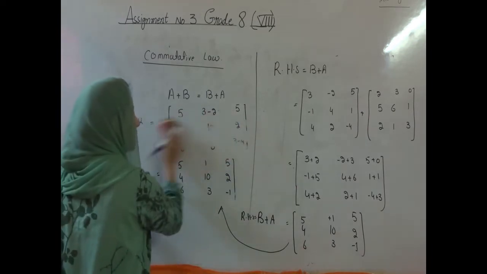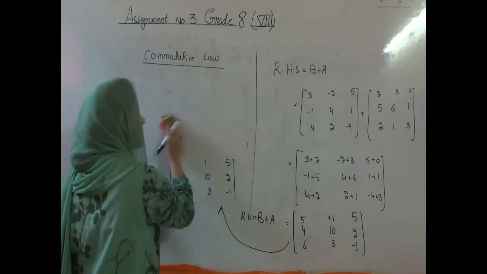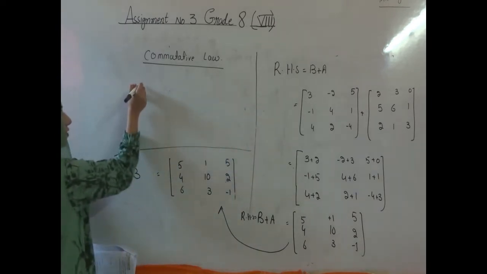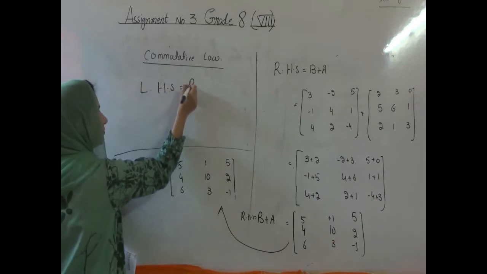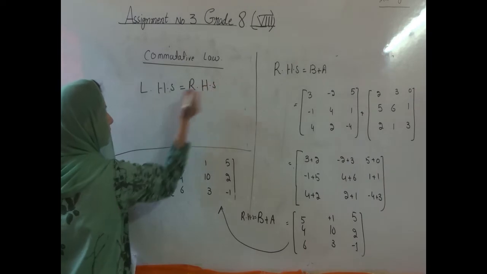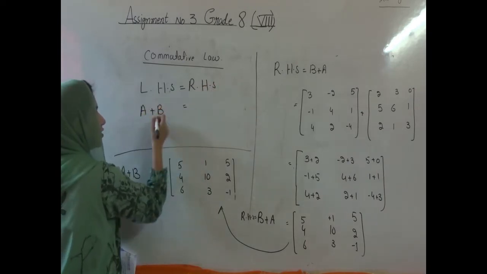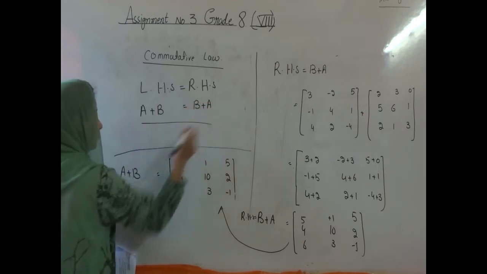The commutative law says that the left hand side will always equal the right hand side. So prove that: when we add A plus B, the answer will be the same as when we add B plus A. Prove that. Fine.